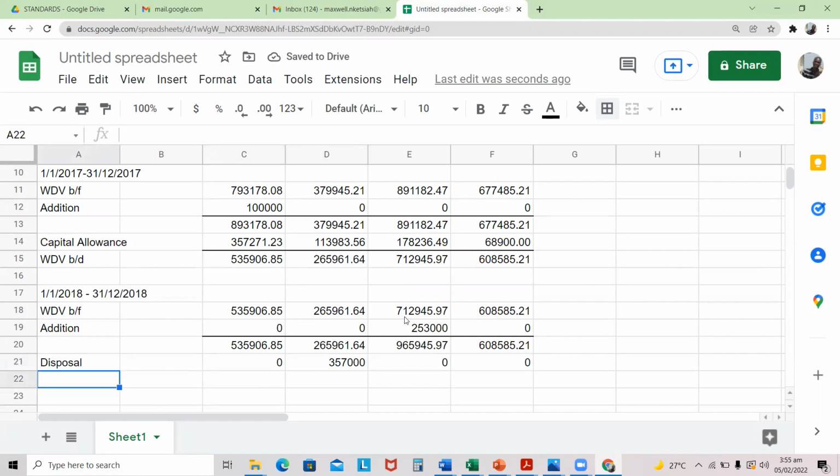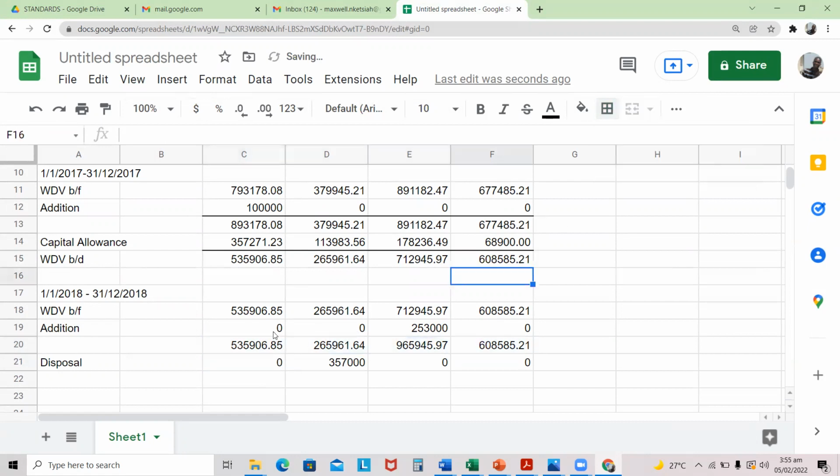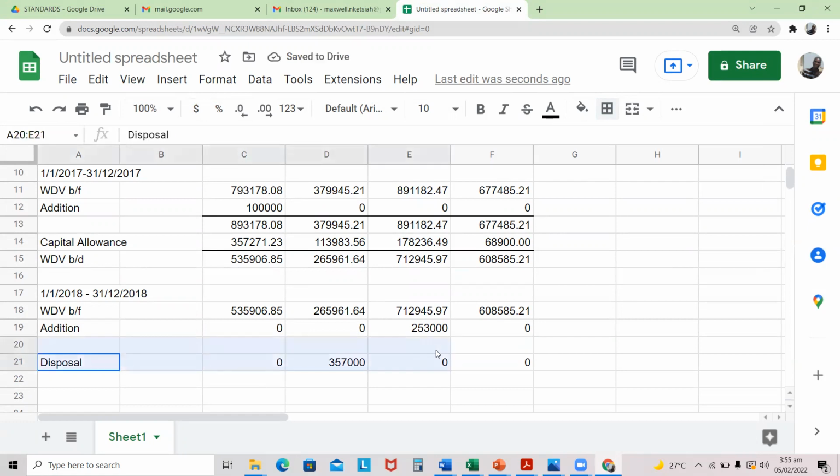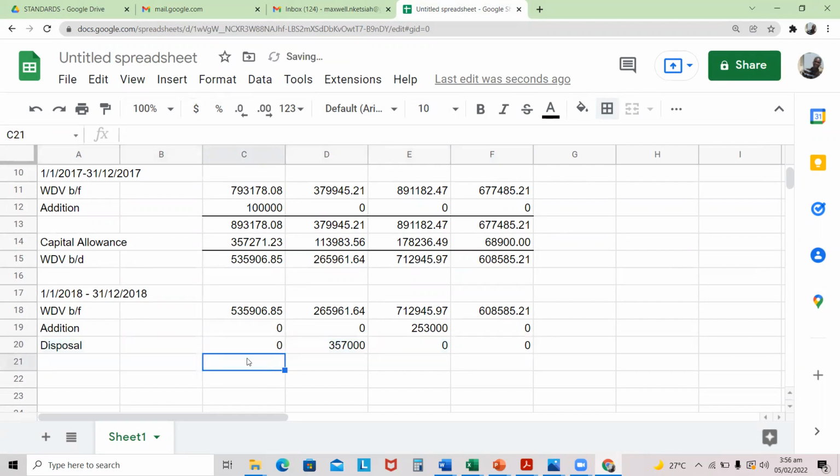So let me take this one off. So we bring the disposal here. Okay, now we add this, as this minus the disposal you subtract.